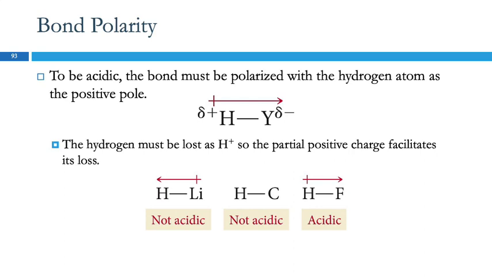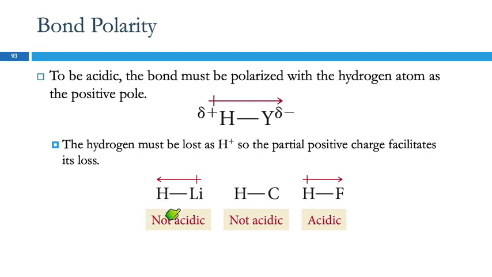In order to be acidic, the bond has to be polarized such that the hydrogen is the positive end. So we need hydrogen to be the positive end of this polar covalent bond, because when we lose H, we need to lose it as H plus, not as H minus.